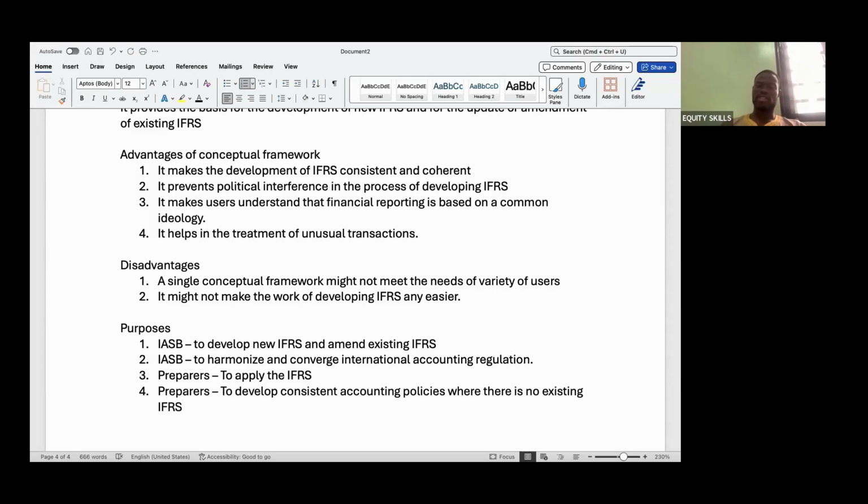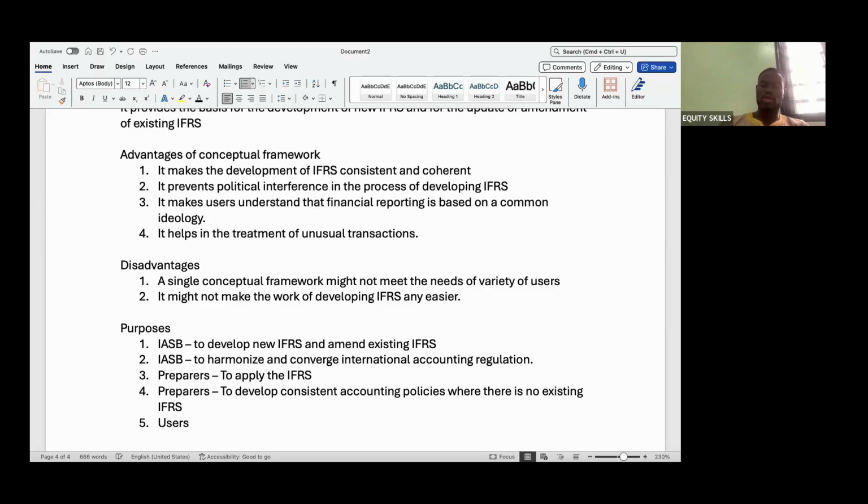So if there is a situation where they need to develop accounting policies, I told you yesterday that every company has accounting policies. That's how they localize the IFRS to their company. So in order to develop that, if there is no IFRS on an item, then they can use the conceptual framework to develop accounting policies.